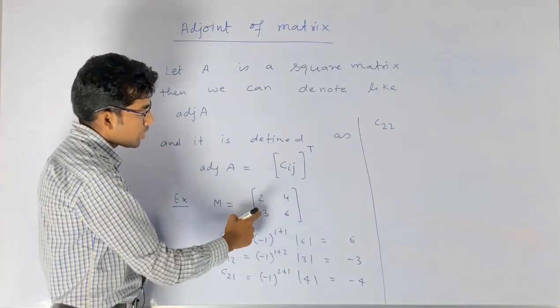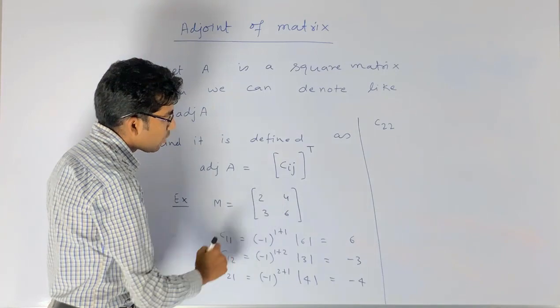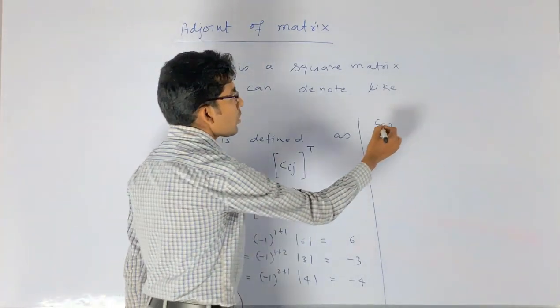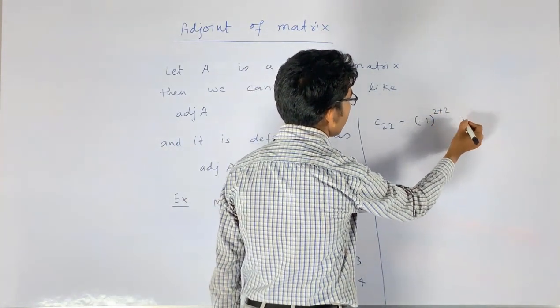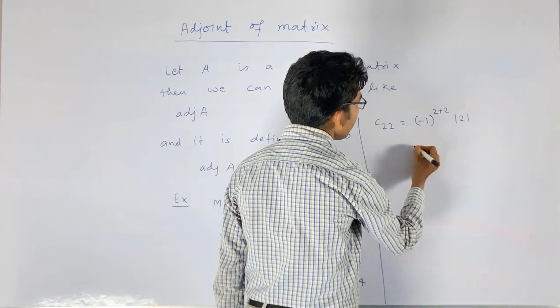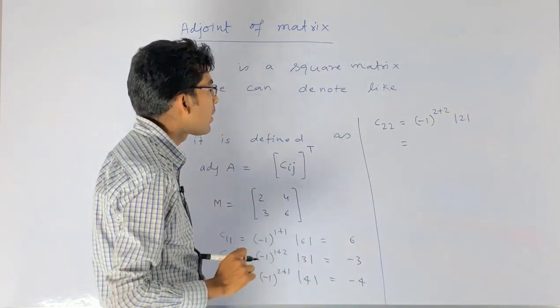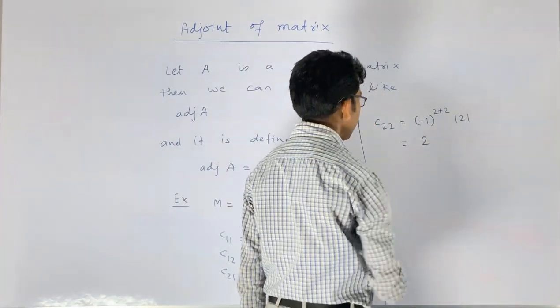For C22, we delete second row and second column. So, we remain with 2, and we can write minus 1 to the power 2 plus 2, and here we remain with 2. So, minus 1 to the power 4, that is equal to 1, and here is 2. So, finally, this is 2.